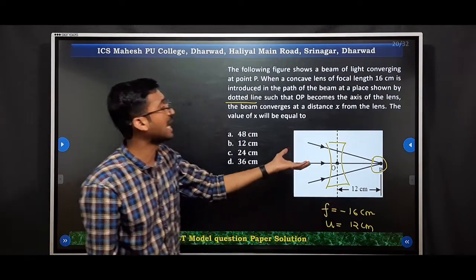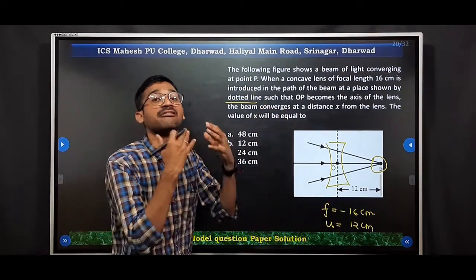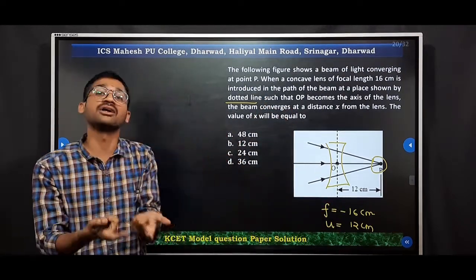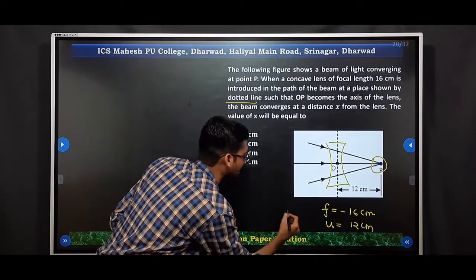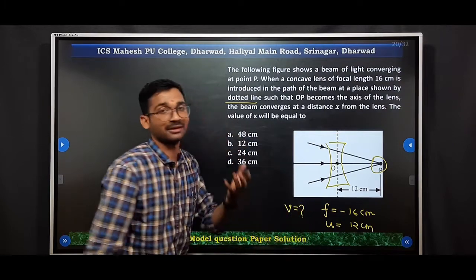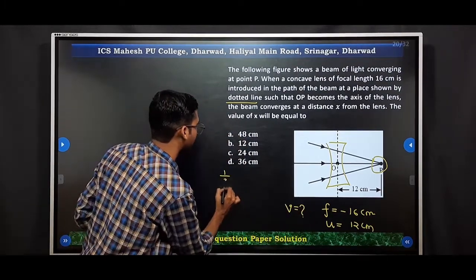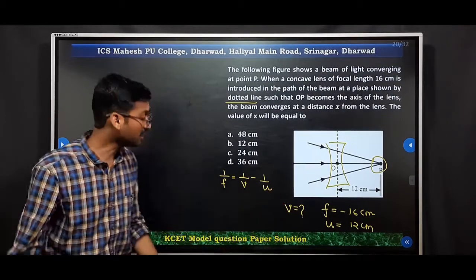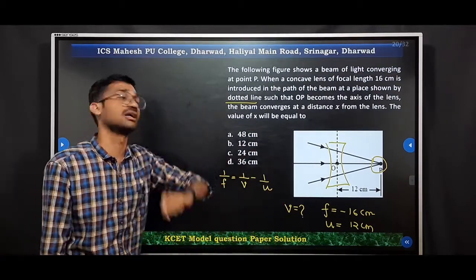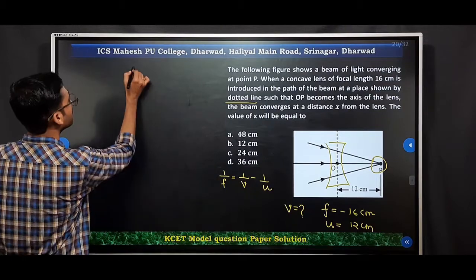As I want x, which is where the light converges, means where the image is formed, they are actually asking what is v. For the lens we know that 1 by f is equal to 1 by v minus 1 by u. Use this equation and solve for v now.